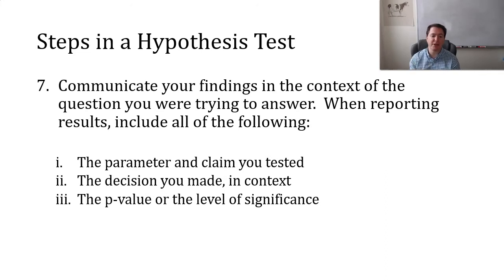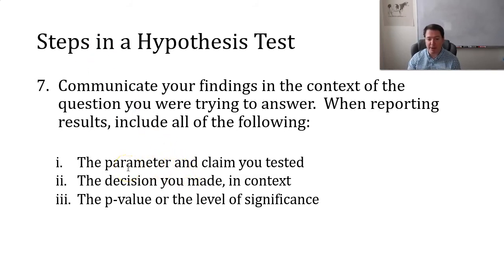Once I've made my decision, now I want to go back and put my conclusions back in the context of my statistical question that I was trying to answer. So just like I insisted that we report certain things with confidence intervals, specifically the confidence level, what I was actually estimating, what the actual estimate is, and units, I'm going to have basically the same kind of stuff here.